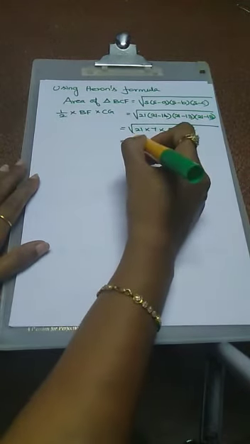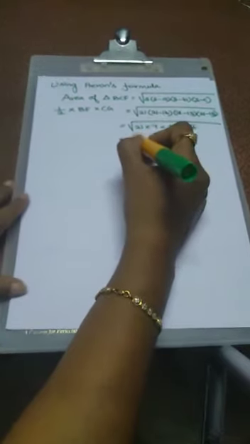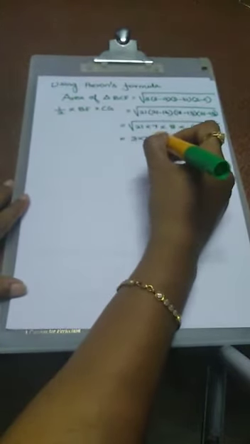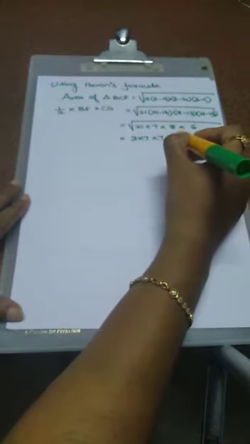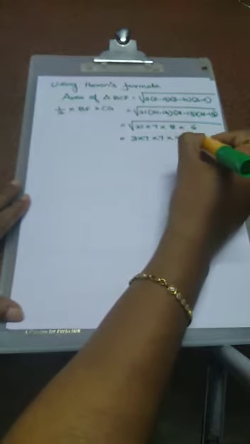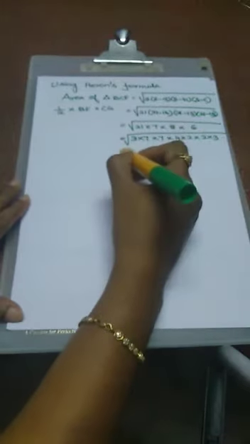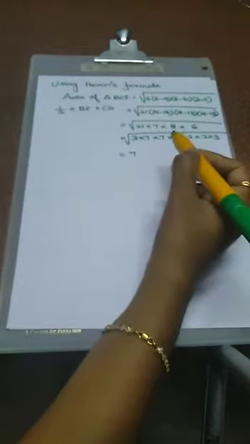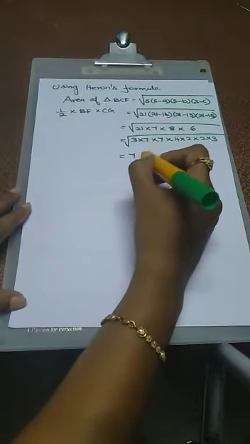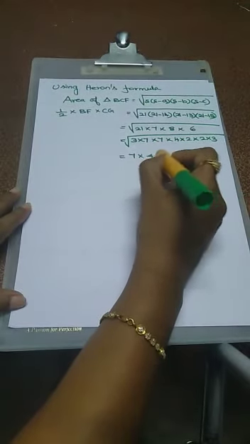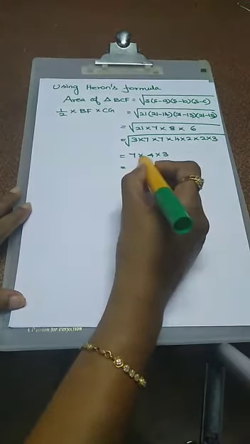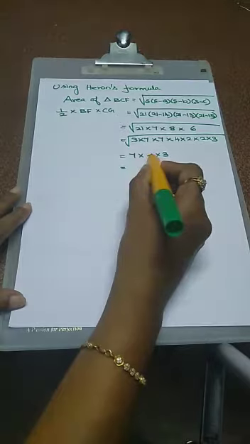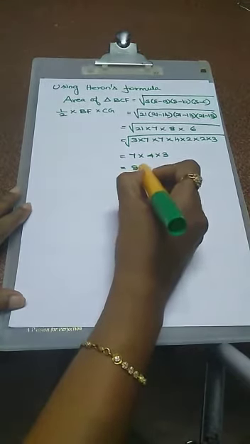Again split the values: 21 is 3 into 7, then 7, then 8 is 4 into 2, and 6 we split as 2 into 3. Now 7 square value, so we take 7 out of the square root. Another one is 4, another one is 3. So what is the value actually? The final answer is actually 84. 7 4s are 28, 28 3s are 84.